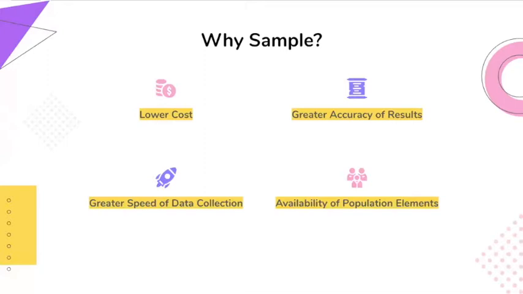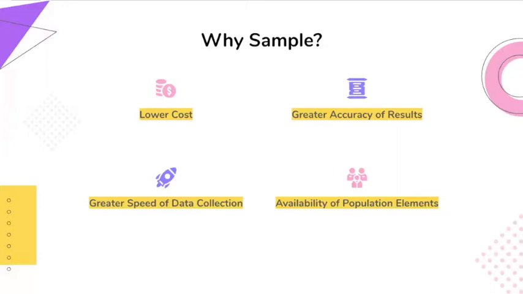And then lastly, we have availability of population elements. We know that the population element exists. We just need to take a good amount of people from the group to be our sample.